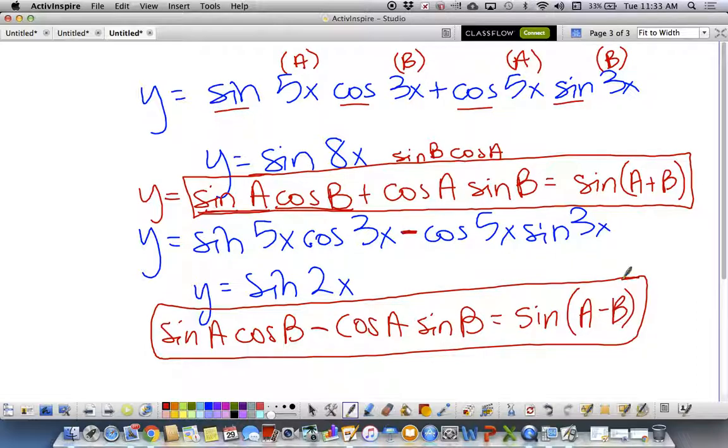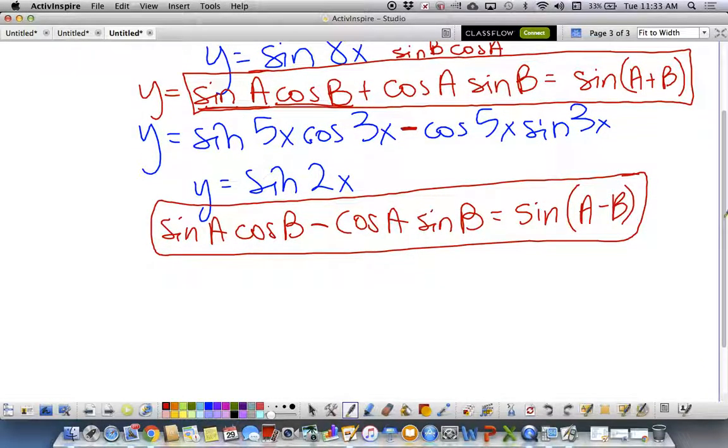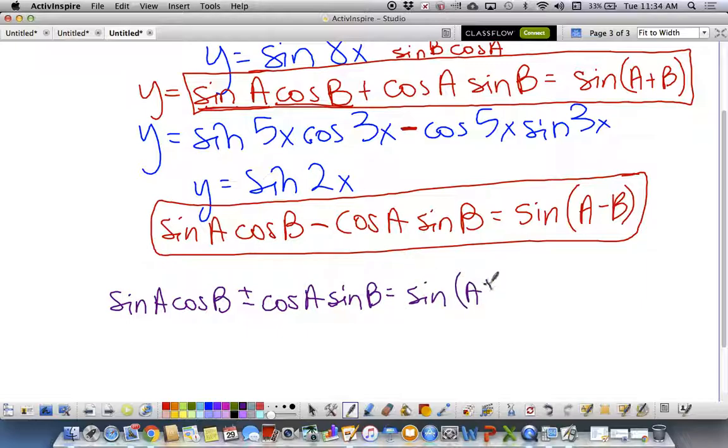So if I scroll down, I might even rewrite it like this. Sine A cosine B plus or minus cosine A sine B equals sine of A plus or minus B. So that means if I'm adding, I'm adding. If I'm subtracting, I'm subtracting.